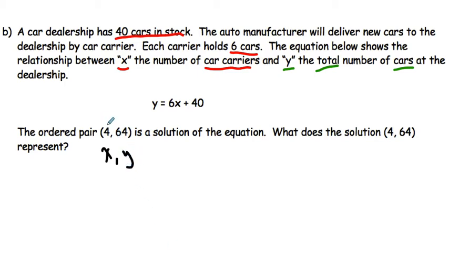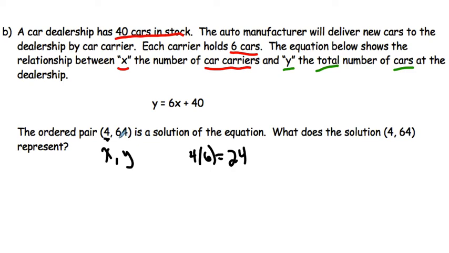So that means 4 car carriers show up, right? We're told that right here. 4 car carriers show up. That means, if we multiply that by 6, 24 new cars have shown up.